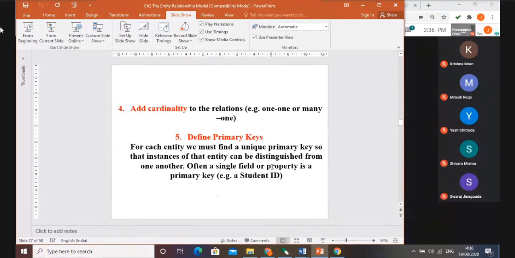An entity set which consists of primary key is known as which type of entity set? Strong entity. Yes, correct. So strong entity set, or you can also say identifying entity set. Okay, strong is the correct word.